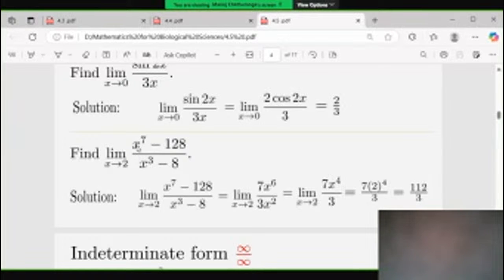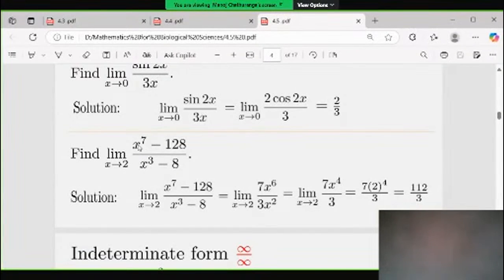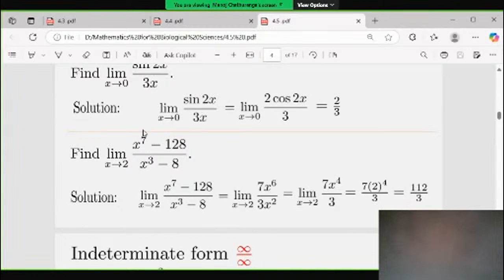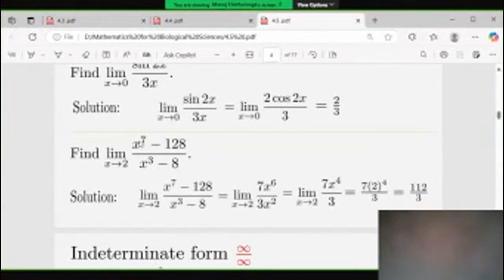And also let's compute 2 to the power 7: 2, 4, 8, 16, 32, 64, 128. So 2 to the power 7 is 128. Again, we have a problem with the numerator, because now this is an indeterminate form, 0 divided by 0.